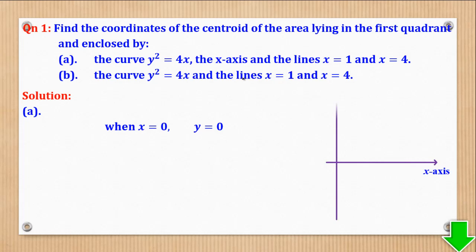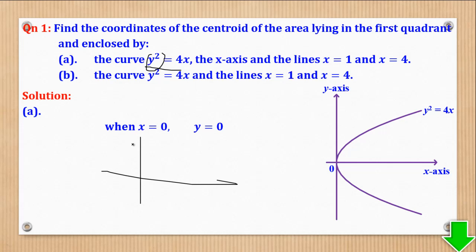Part A, we shall come and draw the axes. Then we shall draw our curve. This y squared curve means it is symmetrical about the x-axis. I think in your O-level you are used to curves like this, whereby it was x squared. So when they change it, here it was symmetric about the y-axis, but when it is y which is squared, it means it is symmetric about the x-axis, as you can see here.